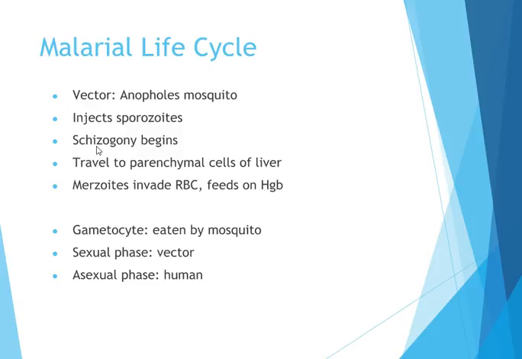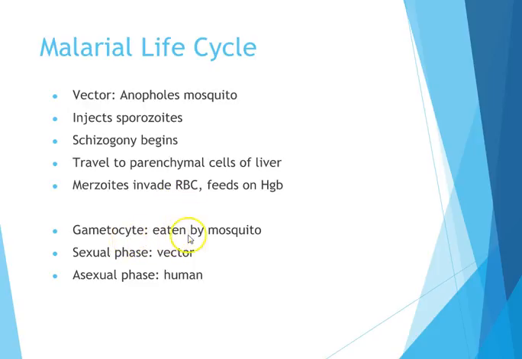So schizogony occurs. They travel to the parenchymal cells of the liver, and they mature into ring-formed trophs, and then they're released and they invade red cells. And in the red cells, they feed off of the hemoglobin.